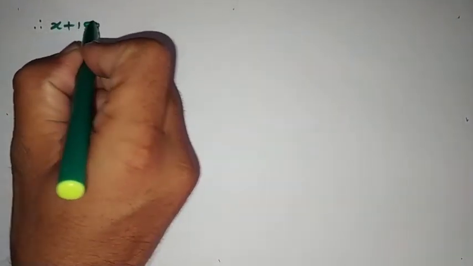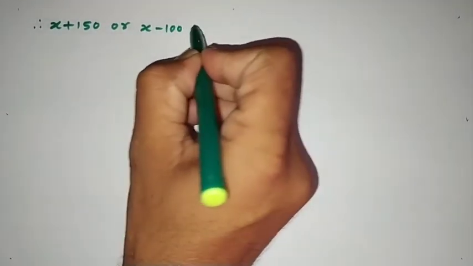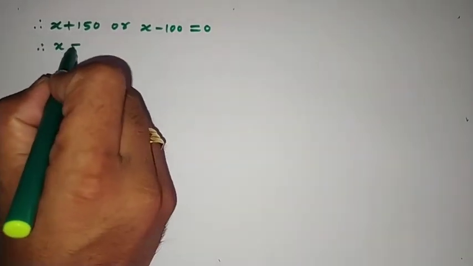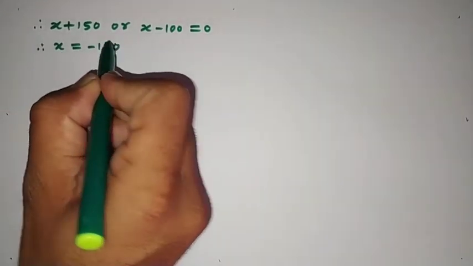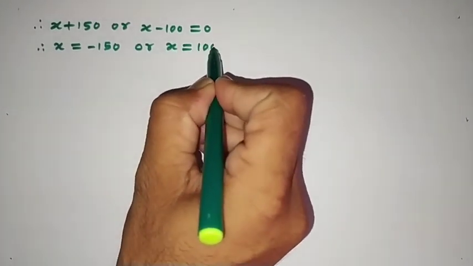Therefore, x plus 150 is equal to 0 or x minus 100 is equal to 0. Therefore, x is equal to minus 150 or x is equal to 100.